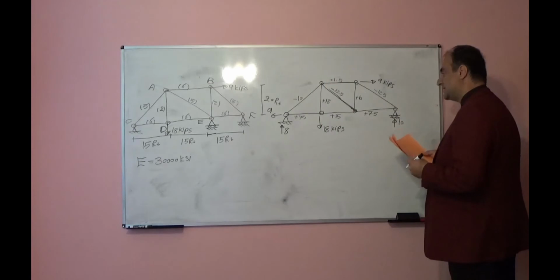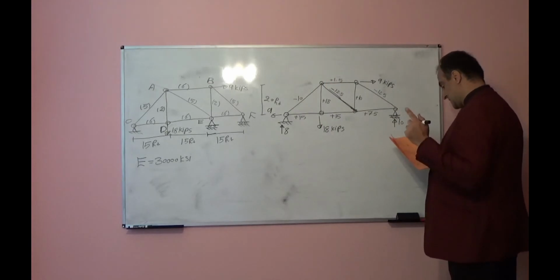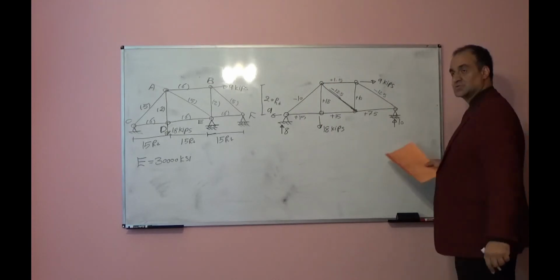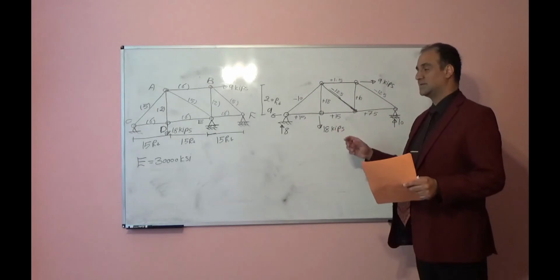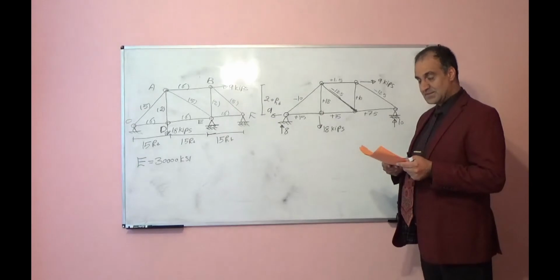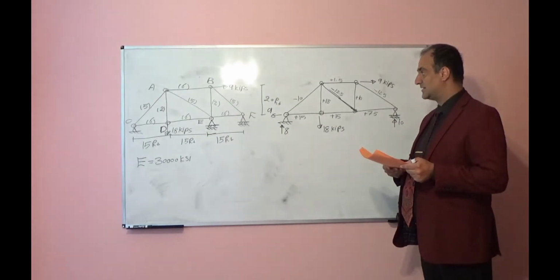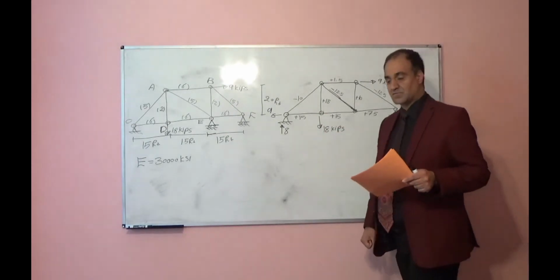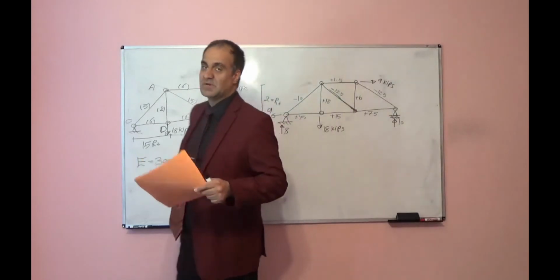So you will find internal forces. These are internal forces I show with black, and tension positive, compression negative. Then you can find, using these internal forces, elongation in each member.